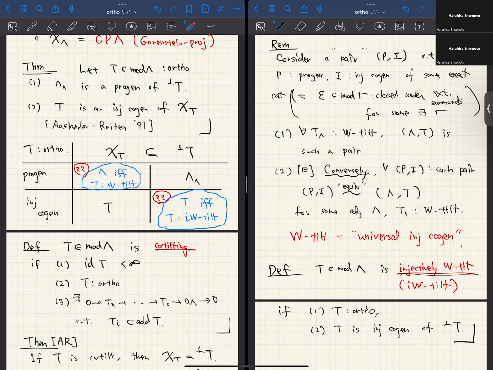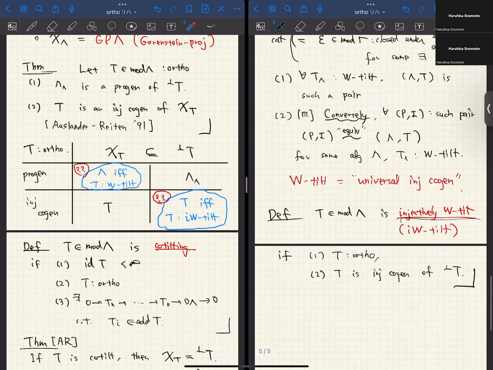From the definition, we can easily prove that T is injectively Wakamatsu if and only if T is Wakamatsu and two subcategories coincide. So XT coincides with perp T.